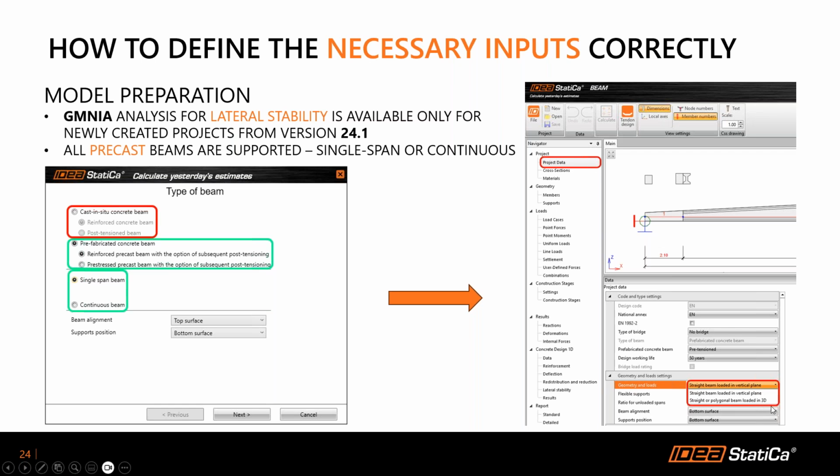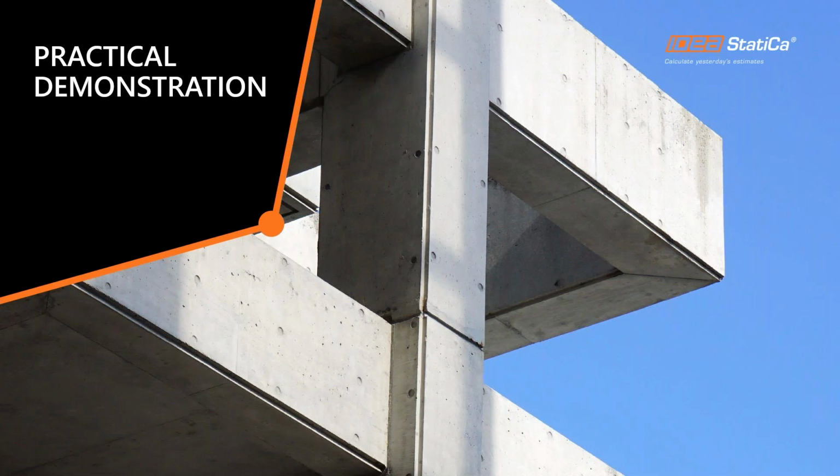By choosing this option, you have the ability to input any loading on eccentricity or even perpendicular to the beam, not only vertical loading. If you have such loading and you input it, this can have a critical effect on the lateral stability calculation. So use that if there are any loads on eccentricity.